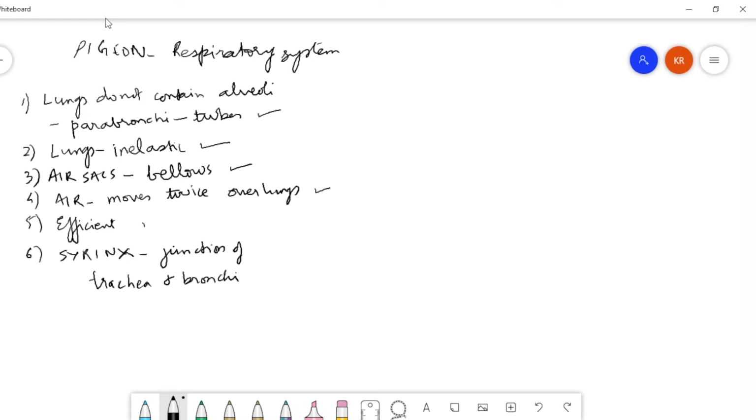It makes it very efficient, and there is a sound creating or a song creating box called as the syrinx, and the syrinx is at the junction of trachea and bronchi. They have a larynx, but it's very small. So these are some of the features of a pigeon respiratory system.